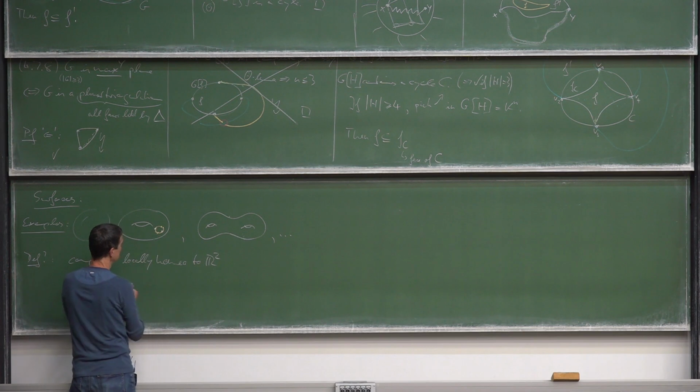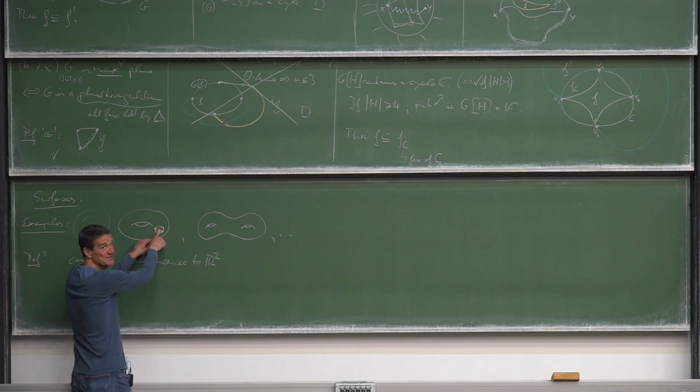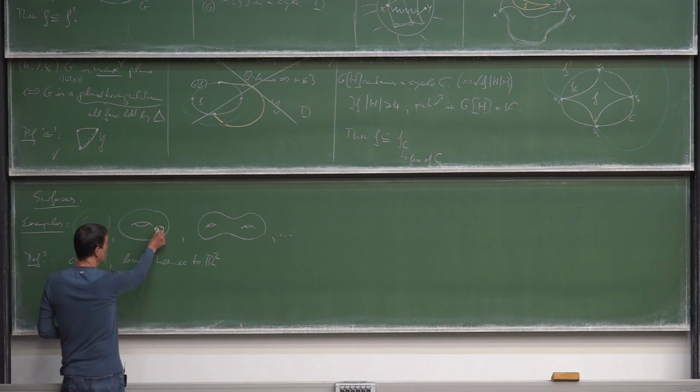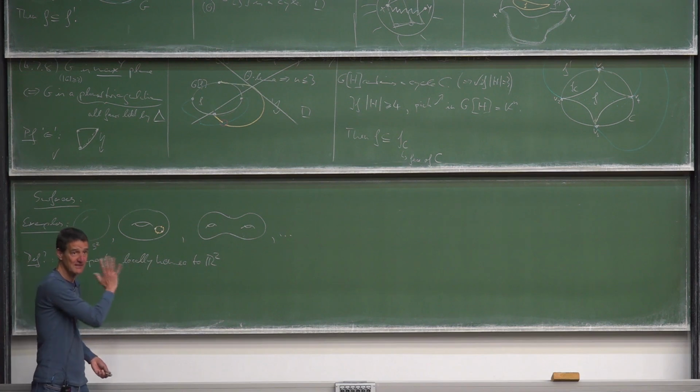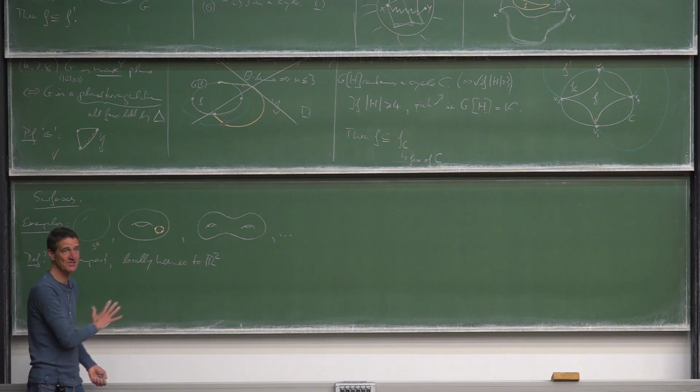By identify, what I mean is, these points in this open disk are deleted, and then this and this become 1 point, this and this become 1 point, and so on. And then you have to check that in this newly defined topological space, and there is a definition of that, it's called the quotient topology, and so on.